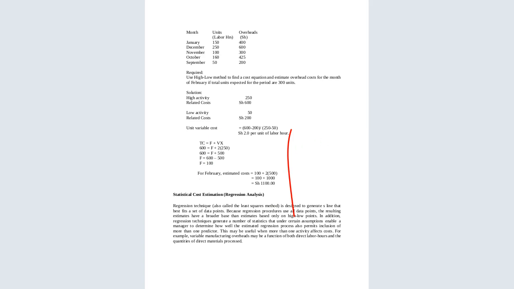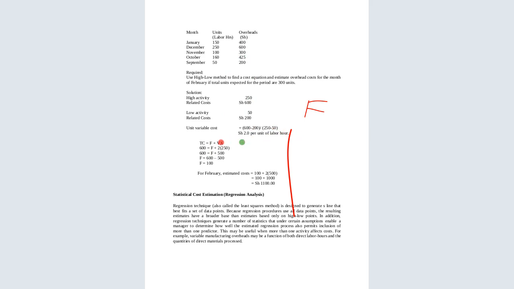Our main agenda is to get the value of F. We substitute either by using the highest values of the dependent and independent variable, or the lowest values of the dependent and independent variable.